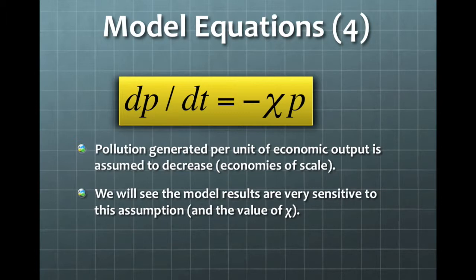I mean, if you think about the logic of the model, you can imagine a scenario in which over time population increases, per capita output increases. The assumption here is that the pollution per unit output decreases, and that assumes essentially that we get better over time at generating less pollution per unit output, and that might be the case, but I don't know that needs to be strictly a scenario that's run. So, but we'll talk a little bit more about this.